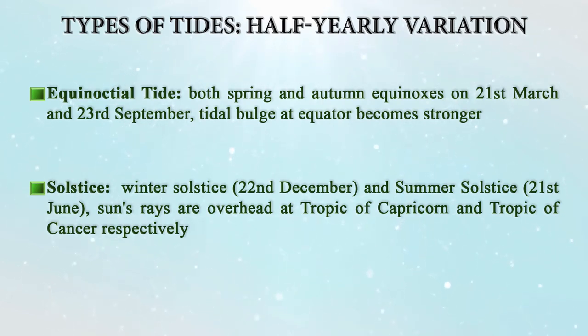So places along the Tropic of Cancer and Tropic of Capricorn will receive a higher bulge or higher height of tides, and these are called the solstice tides. So this is half yearly variation. You can see 21st March and 23rd September are about 6 months apart, and then June to December. So, half yearly variation in the type of tides.